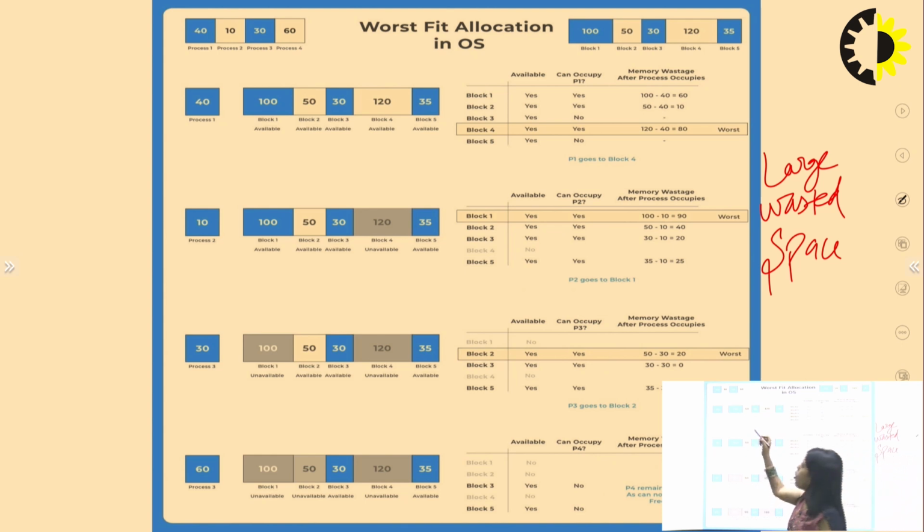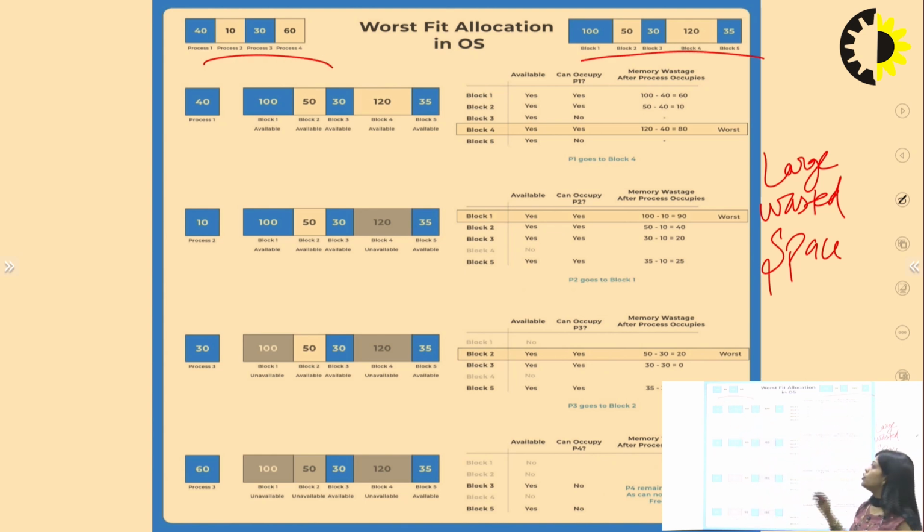So we have the block sizes, we have the processes, we have the memory blocks. First we have process 40. We check the first, 100, the memory wastage is 60. For 50, the memory wastage is 10, and for 30, not accommodated.